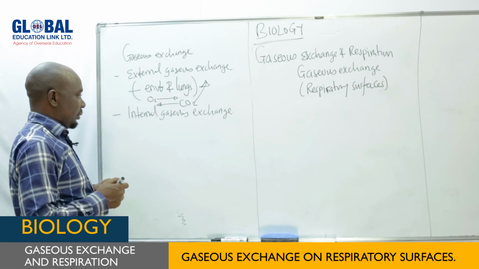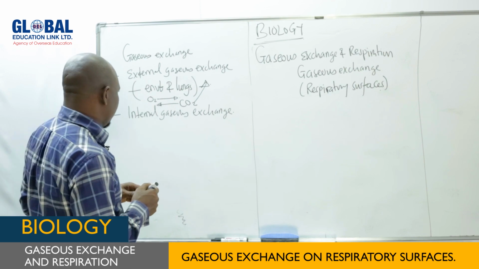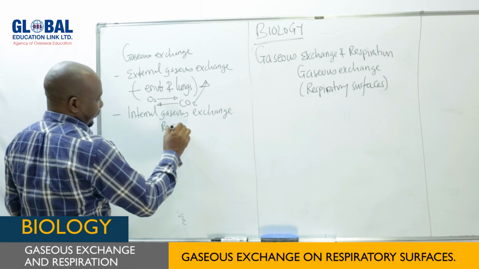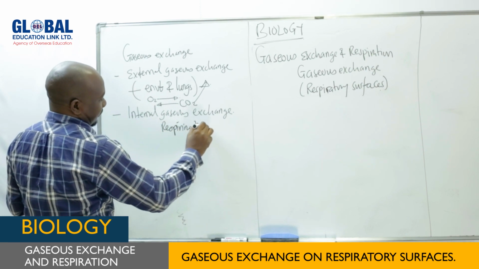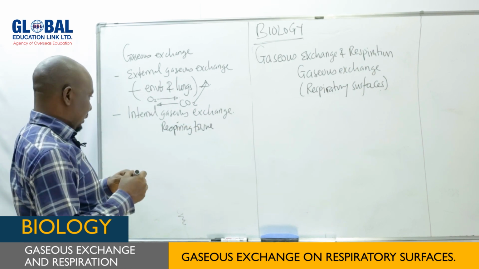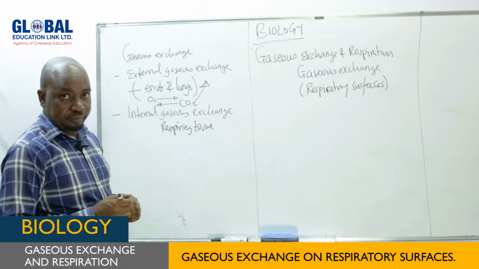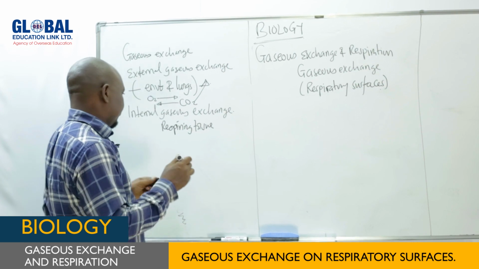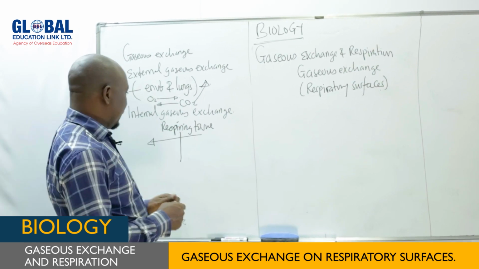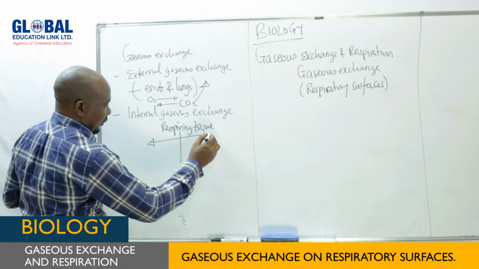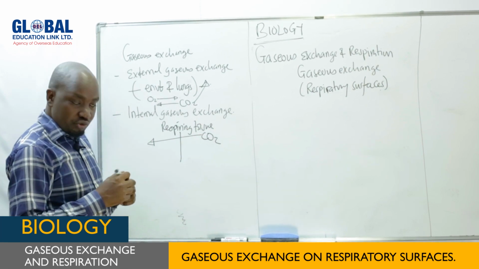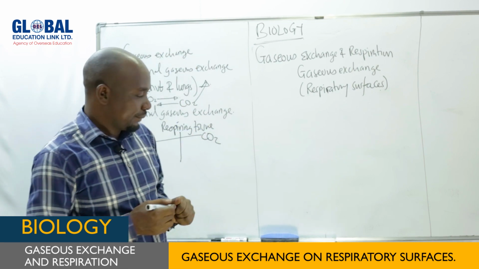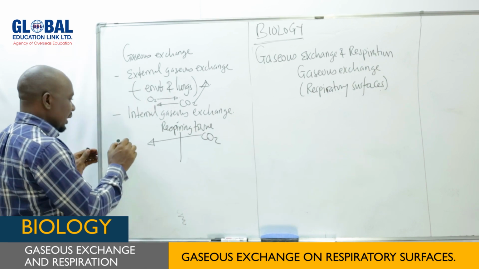Another exchange occurs in the respiring tissues. The respiring tissues need oxygen and produce carbon dioxide. The carbon dioxide will diffuse from the respiring tissues, where it is produced as a result of the respiration process, into the blood.